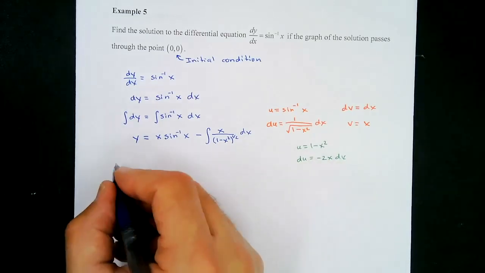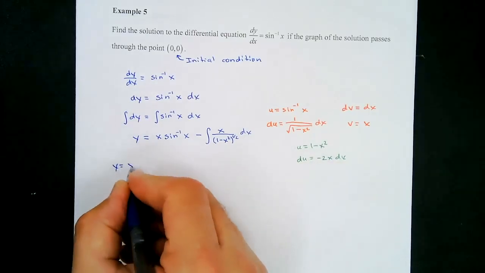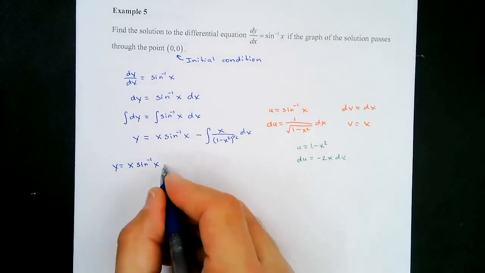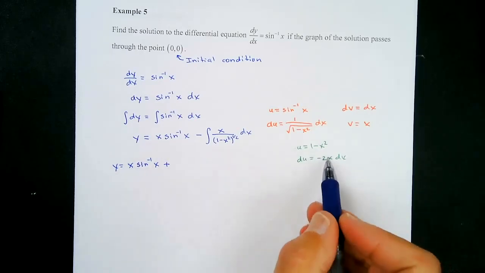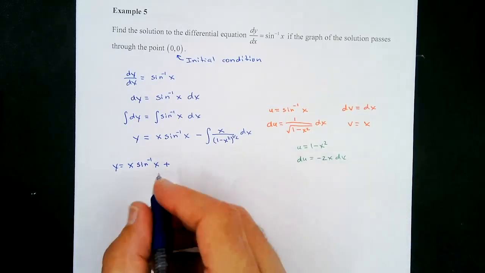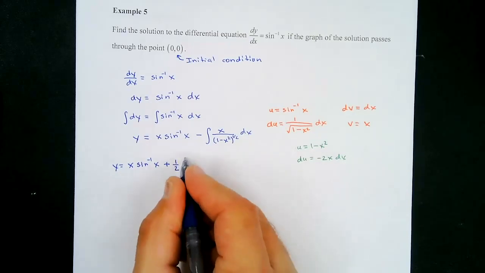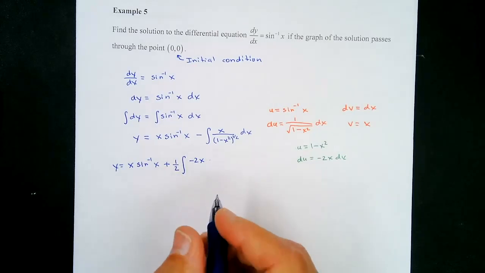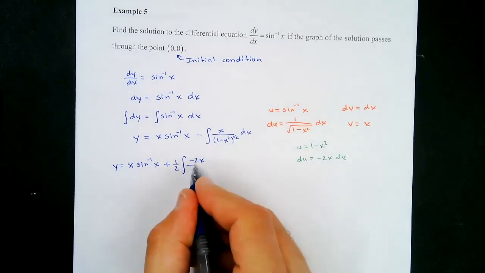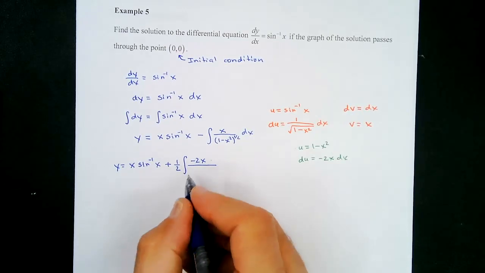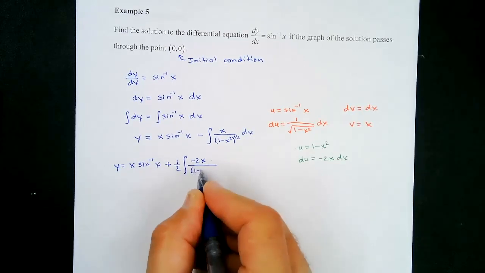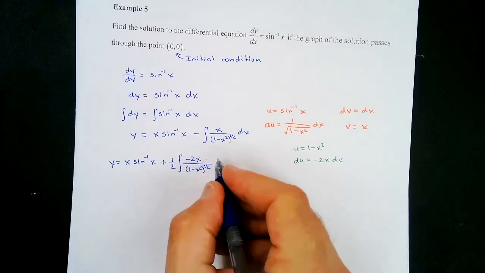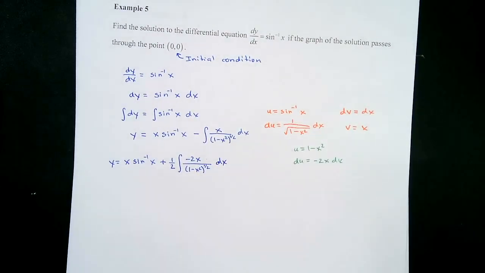All right. So this would be y is equal to x sine inverse of x plus, and I'm going to let 1/2 times the integral of negative 2x over 1 minus x squared to the 1/2, and then dx.